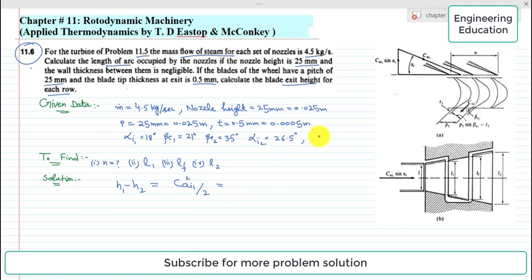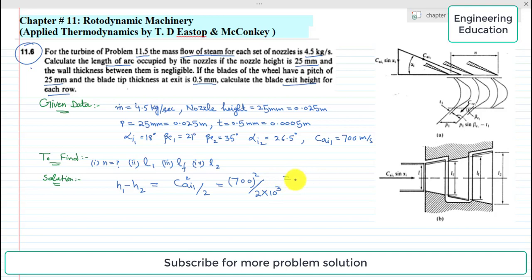C_i1 in the previous problem was given, which is 700 meter per second. So putting the values, 700 square divided by 2, also converting into kilojoule per kilogram, so we will divide it by 1000.